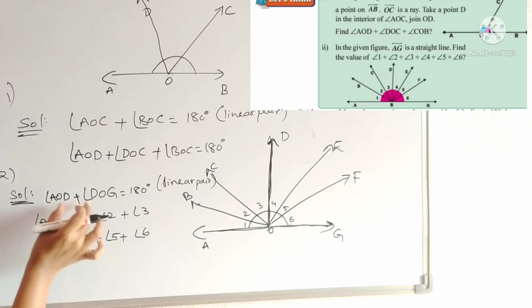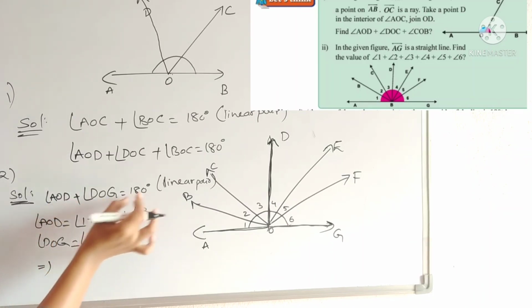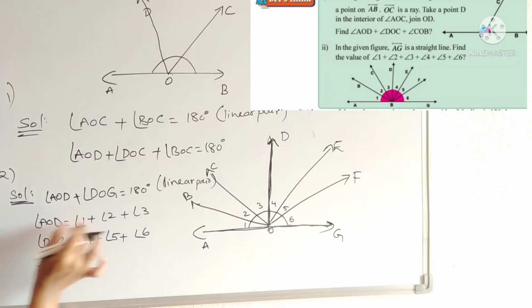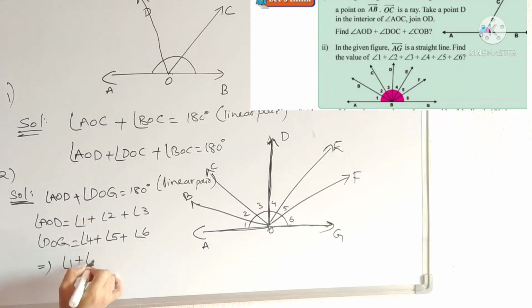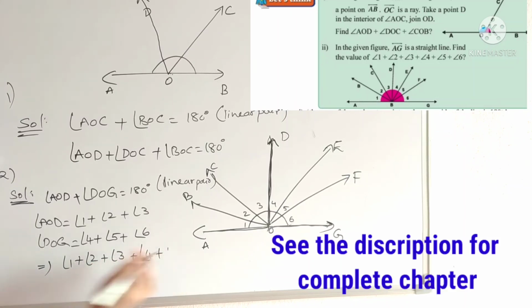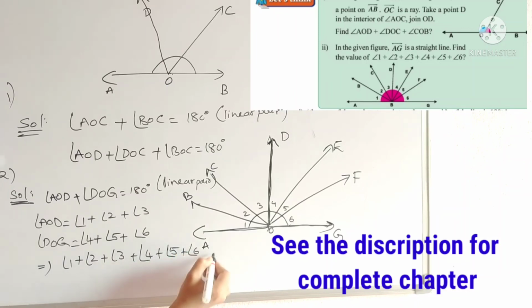So finally, the sum of angle AOD and angle DOG is 180. So angle 1 plus 2 plus 3 plus 4 plus 5 plus 6 sums to 180 degrees. Based on the linear pair concept, we solve this.